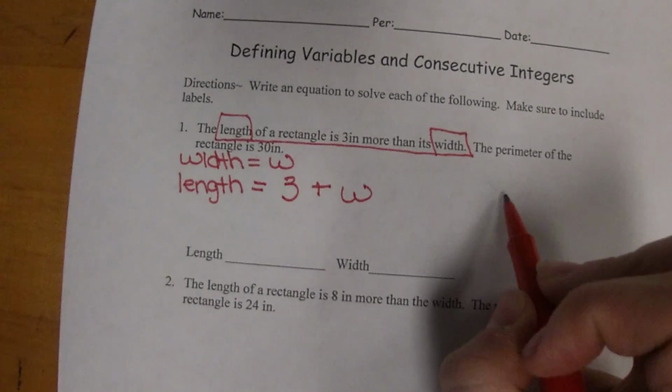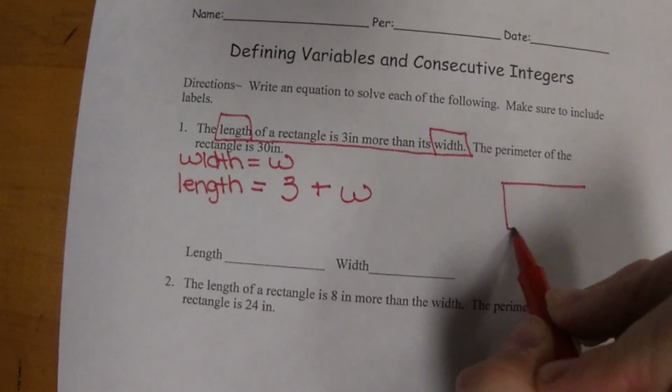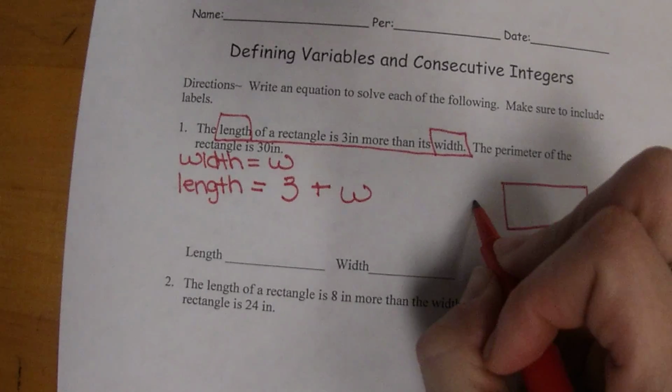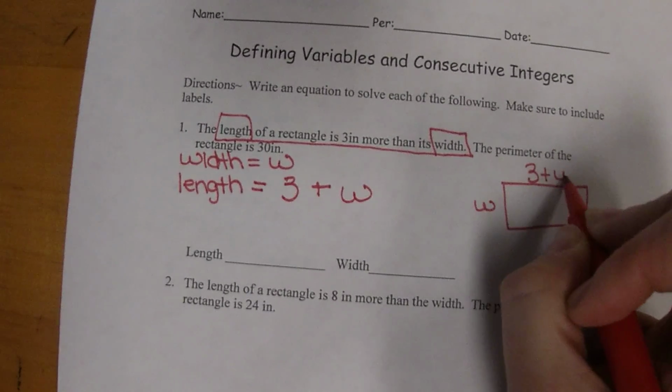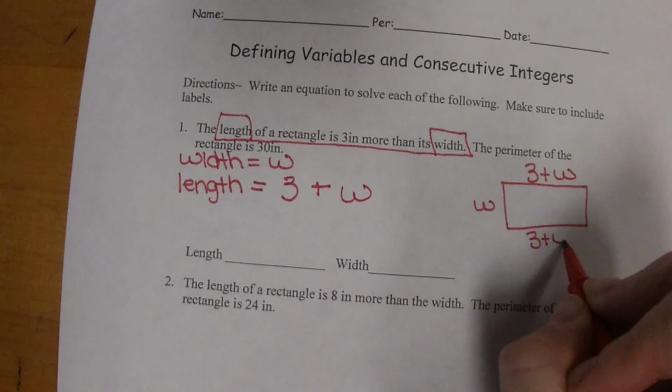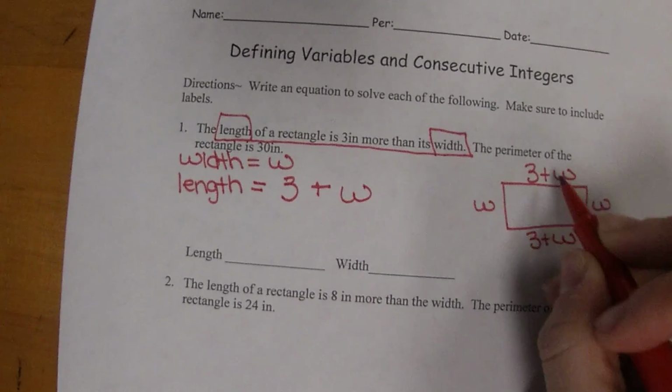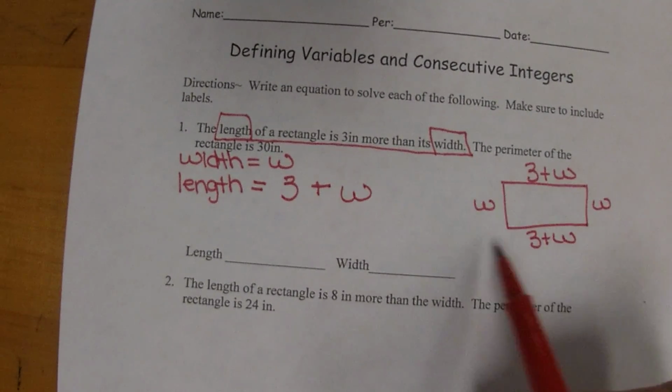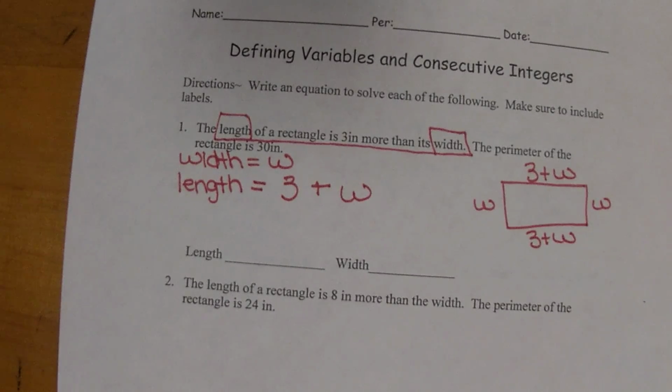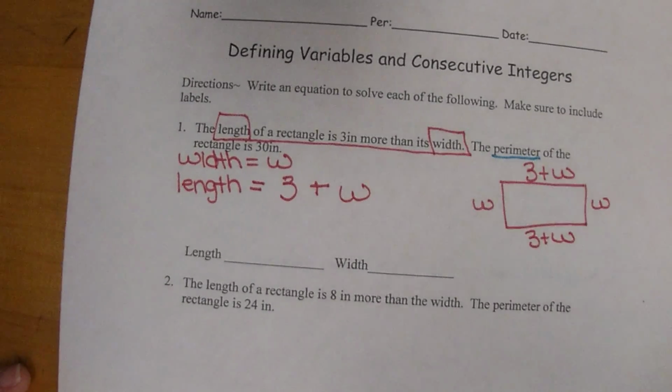At this point, I know that I have a rectangle with side lengths of W and 3 plus W. Since a rectangle has opposite sides that are the same, I know these are my 4 sides. Perimeter of a rectangle says to add up all of those sides.